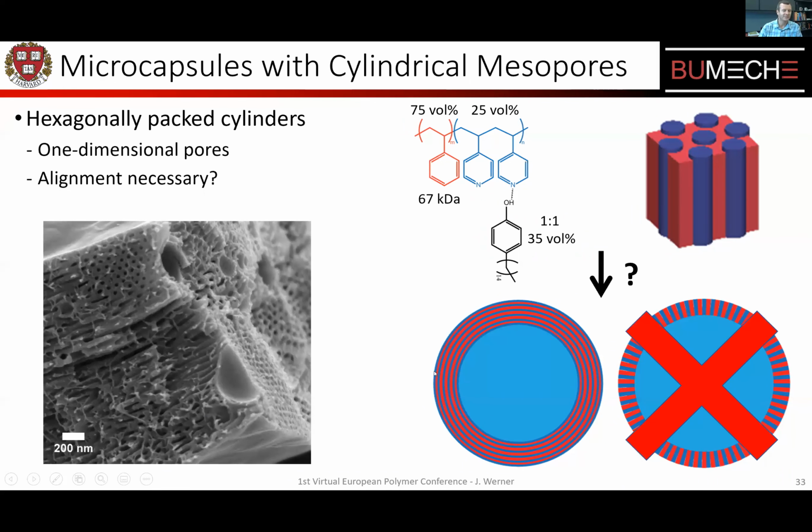As is often seen in block copolymer self-assembly, one of these blocks prefers the interface to the water, and we found cylinders that form parallel to the shell surface, and with that are fairly useless if we want permeation throughout our shell to control transport in and out of our microcapsules.